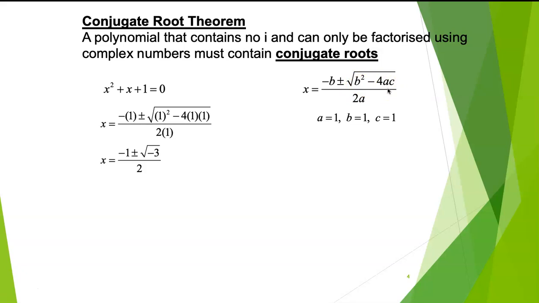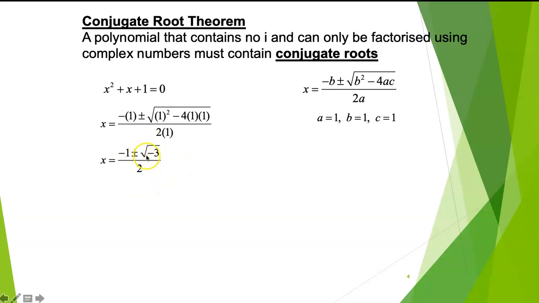If b squared minus 4ac is greater than 0, it has two real roots or real solutions. But if b squared minus 4ac is less than 0, we used to say there's no solution. But now there is a solution. The solution is not a real solution, it's an imaginary solution.